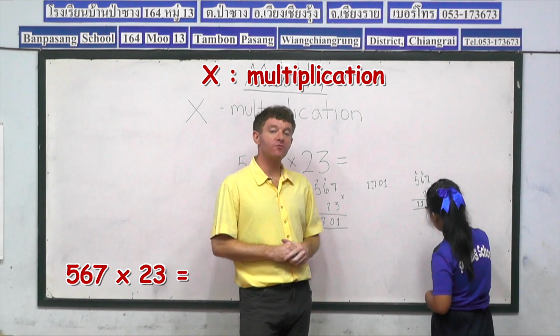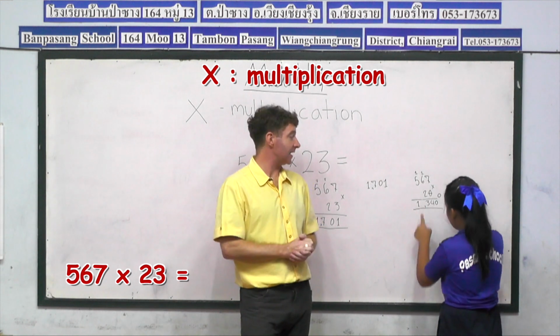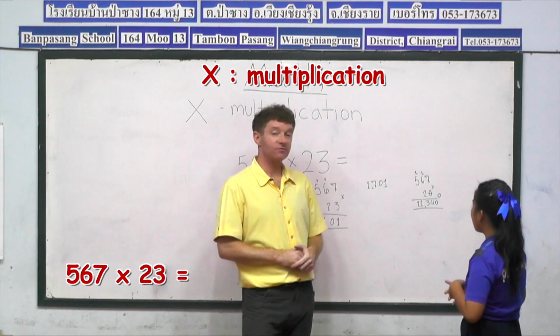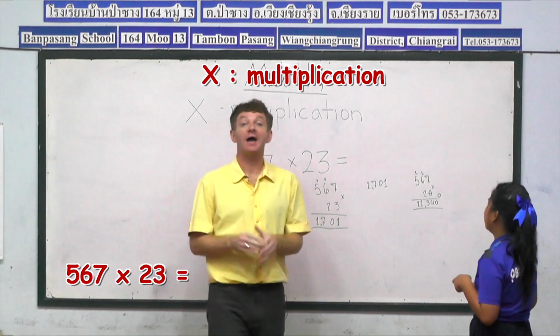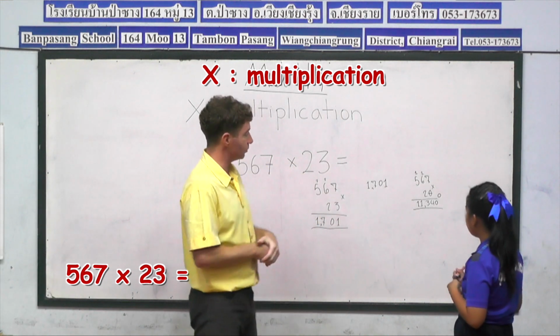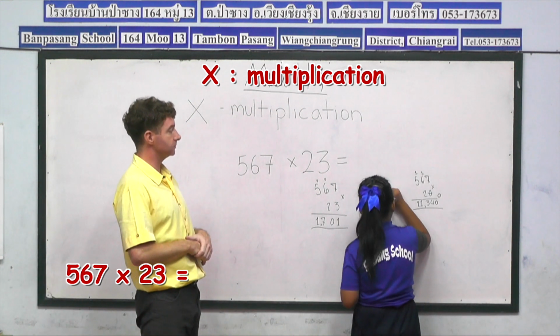But now what do we do with the 0? We put the 0 back at the end. So it becomes 11,340. So that's our second answer, which we can write here. Remembering place value, well done, Lakau.